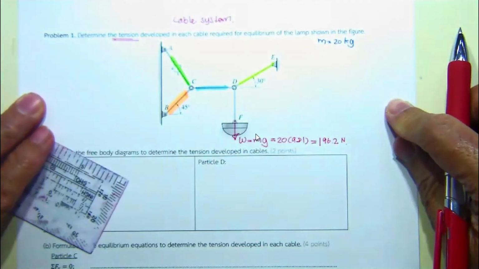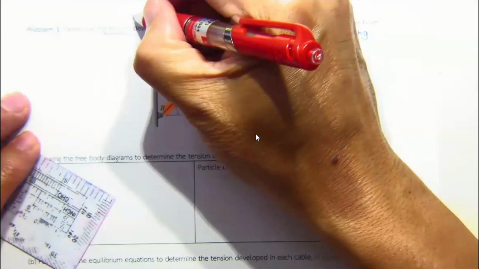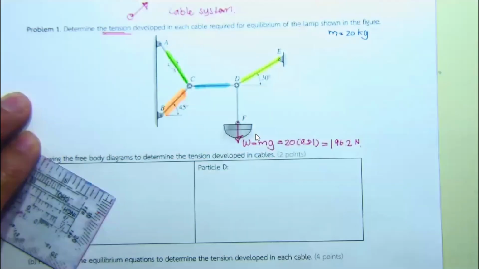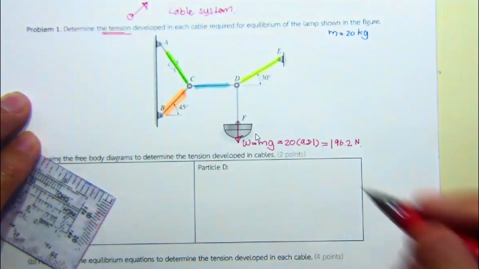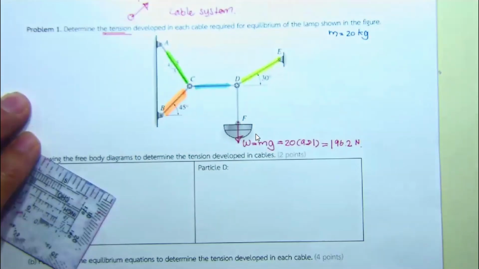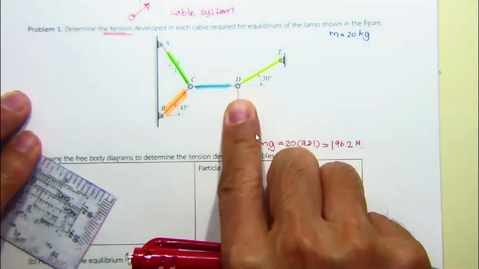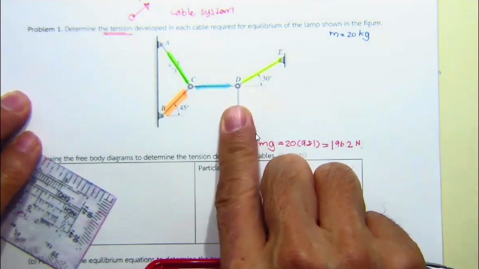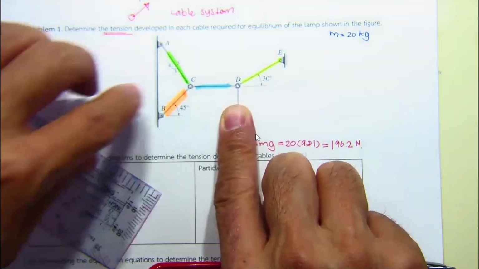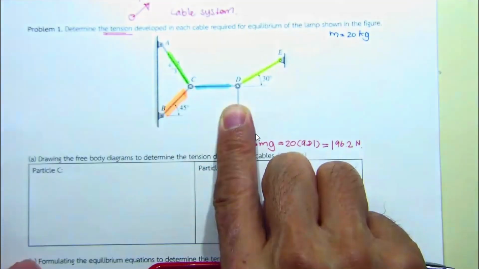Since this is the force, the cable will develop tension. When we're talking about tension, we're talking about the force that points out of the joint, out of the particle. Now imagine, simple question: the joint will be stable in equilibrium, so the force in the light blue and the yellow cable will be developed.